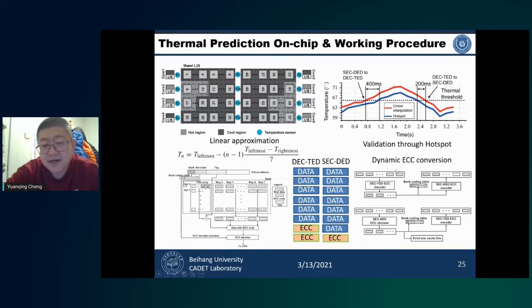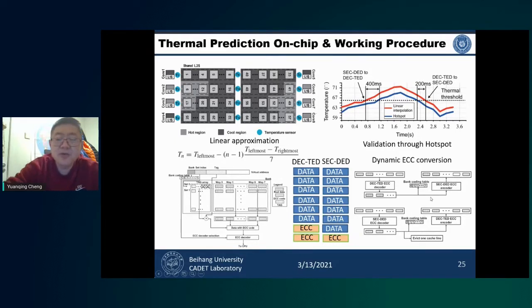Just like on the left side, we must use 2 cache lines to support the stronger ECC. After the conversion, we only use 1 cache line to store the ECC code. So we have another cache line that is now free to store useful data.